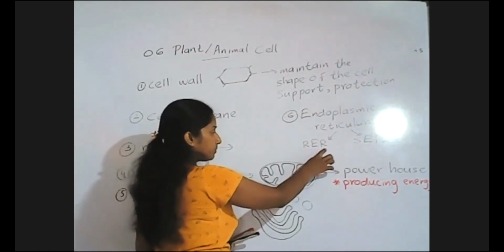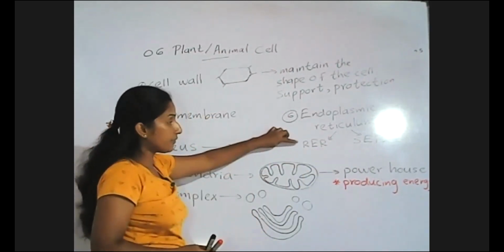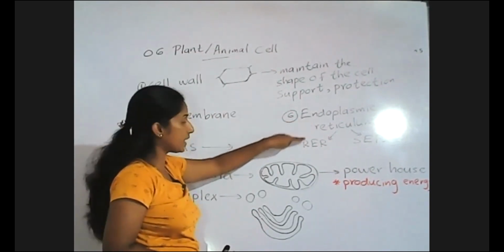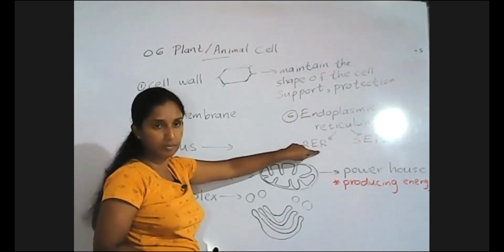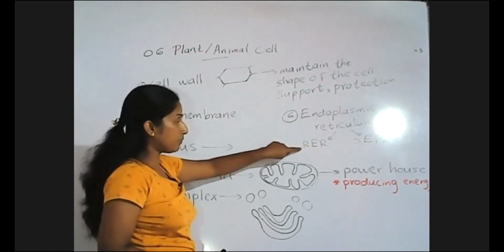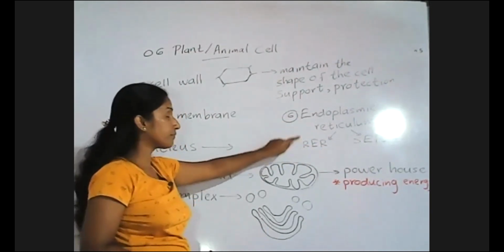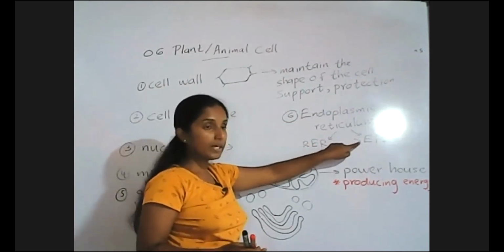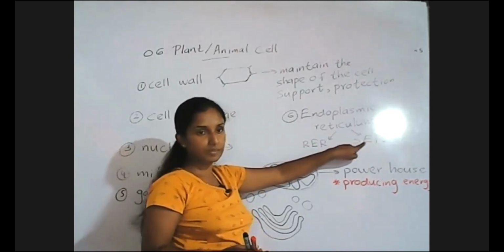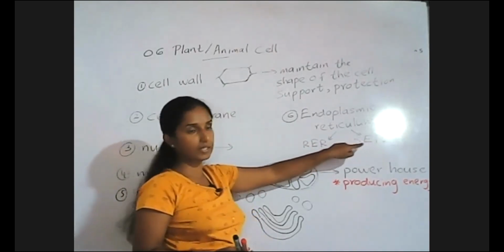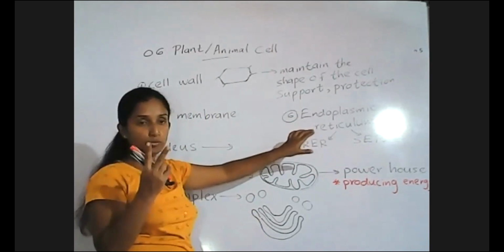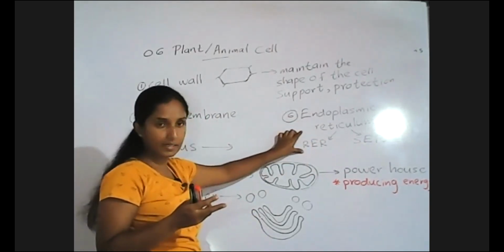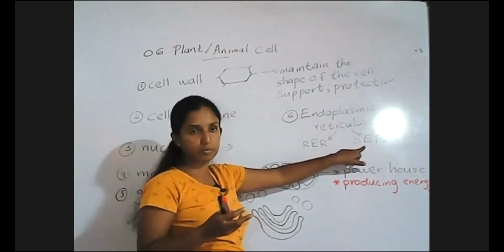If the ribosomes attach to the endoplasmic reticulum, we name it rough endoplasmic reticulum. If the ribosomes are not attached, we name it smooth endoplasmic reticulum, right? So there are two types of ER, RER and SER, Pute.